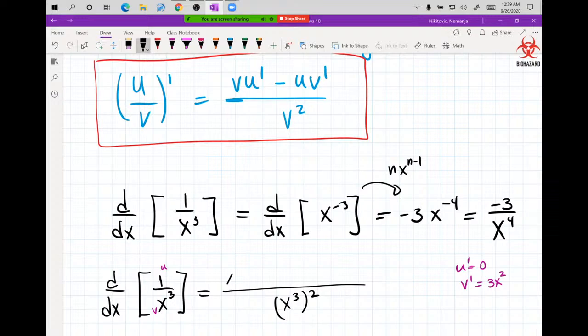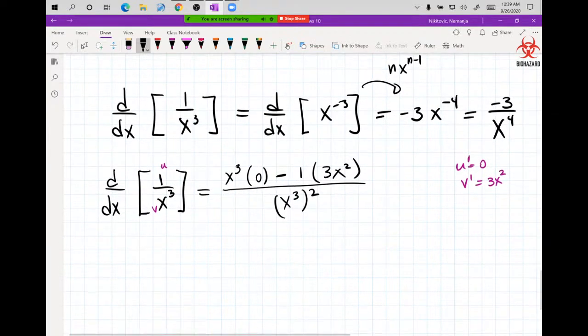Then you start with x cubed. You multiply that by u prime, which is 0, minus, you copy u, which is 1, and then you have your v prime, which is 3x squared. So this is your v squared, this is your v, this is your u prime, this is your u, this is your v prime. We are literally plugging things into the formula.